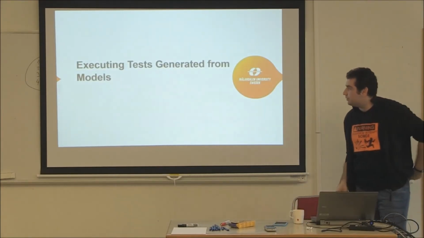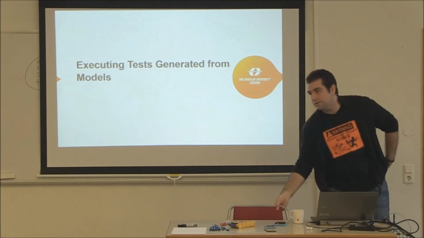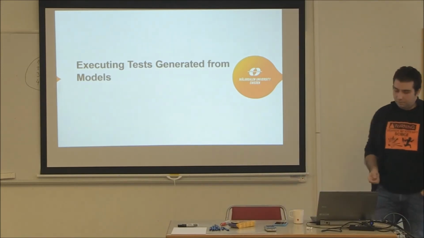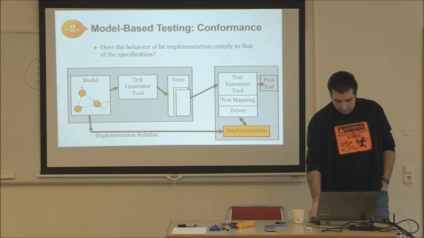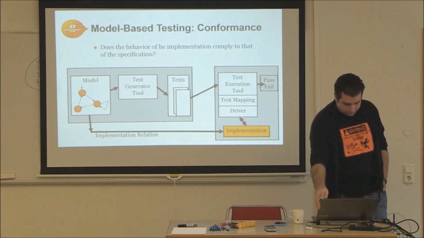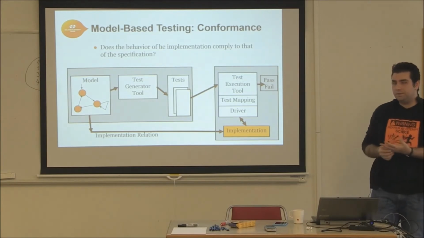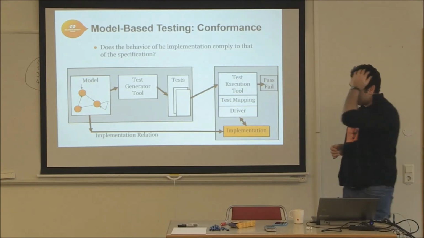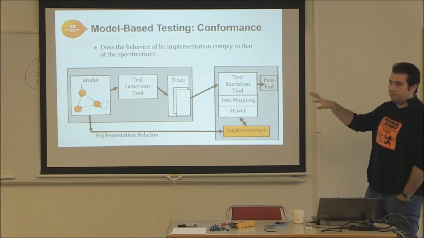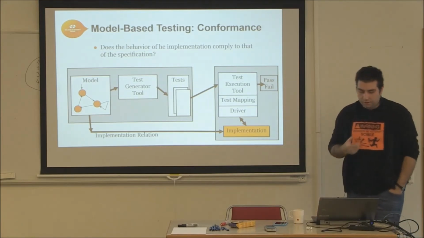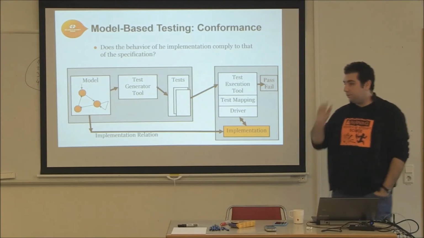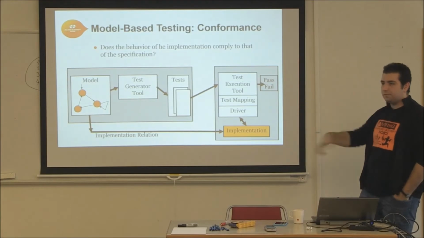So now we want to actually execute tests that come from this kind of models. I can show you what the architecture of a model-based testing tool looks like. So basically you have a model that you saw, a finite state machine, and you have a test generator tool that can be a model checker or random test, it doesn't matter.